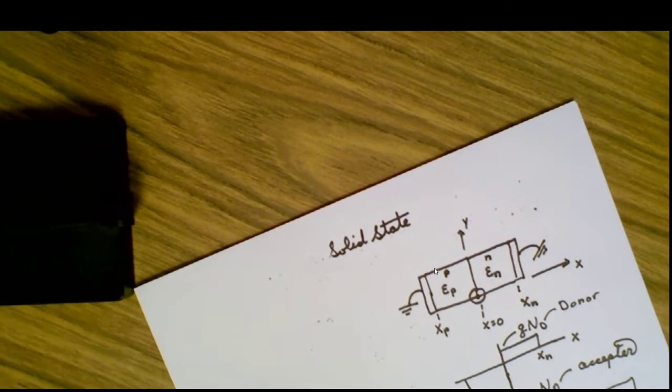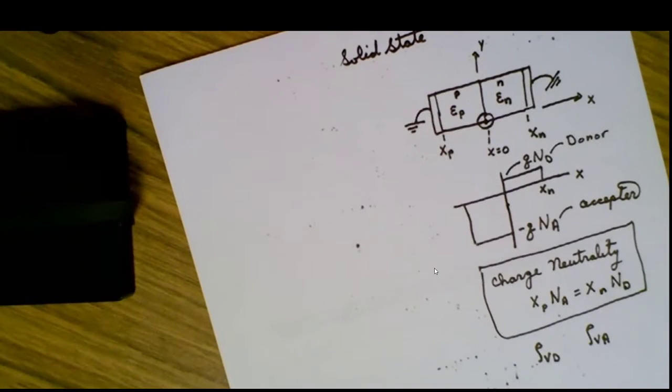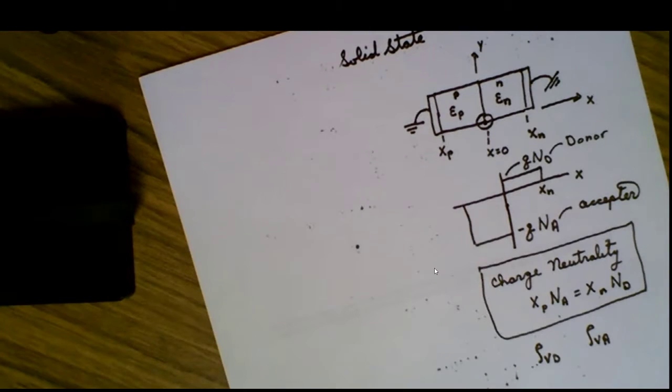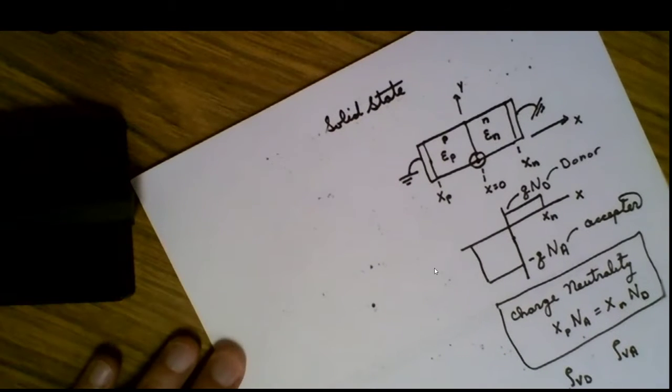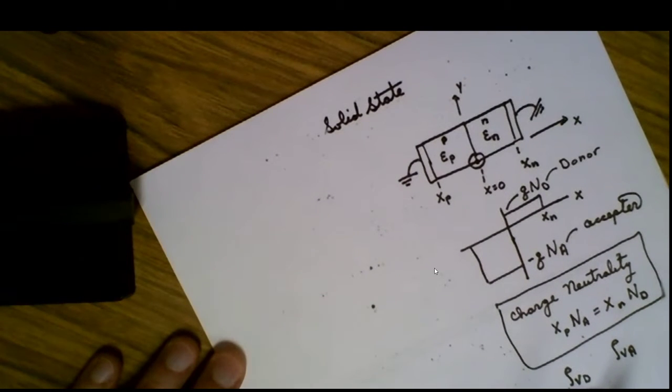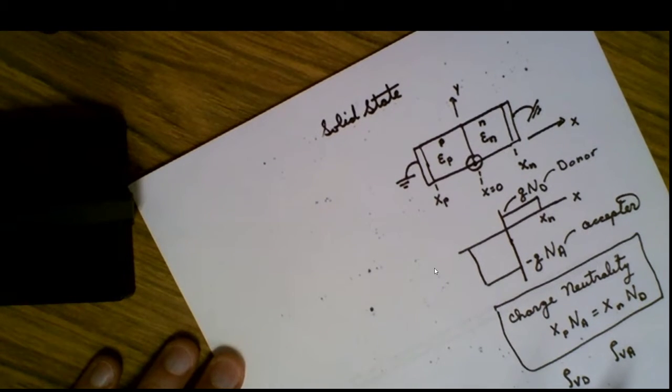And these charges are placed inside the material medium, and consequently these charges are free charges and can move within the semiconducting material. So consequently, because we do have free charge inside the volume, inside the P region and inside the N region, we must make use of Poisson's equation.